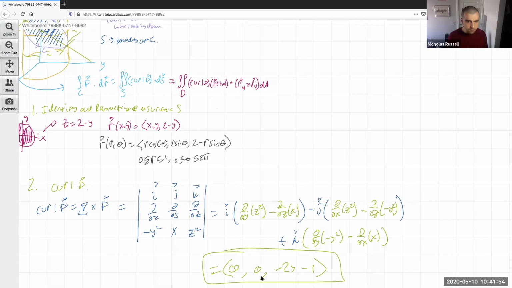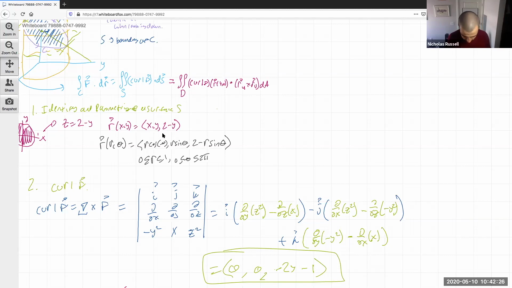All good and well. Now what I'm going to do is calculate the curl of f at this exact parameterization. I'm going to use this parameterization here to evaluate that. So I'm going to now calculate the curl of f at r of r, theta. It's a weird thing to put, I know.